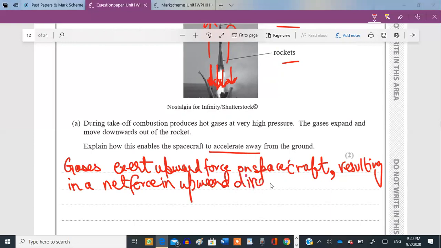And as you know, if the net force is in the upward direction, then of course the acceleration is also going to be in the upward direction. Therefore, acceleration is in upward direction.